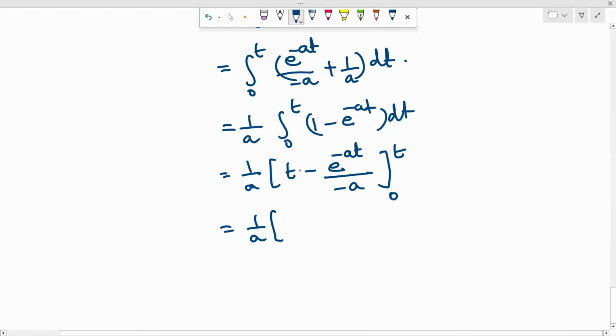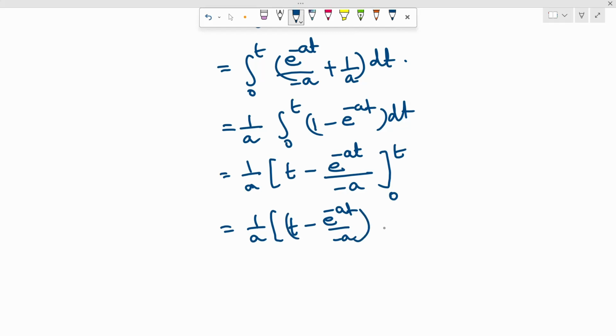First apply upper limit t: t is t only, and minus e power minus at by minus a, there is no change. Then apply the lower limit value: minus 0 minus e power 0 by minus a. Now we have applied both the upper and lower limit values.